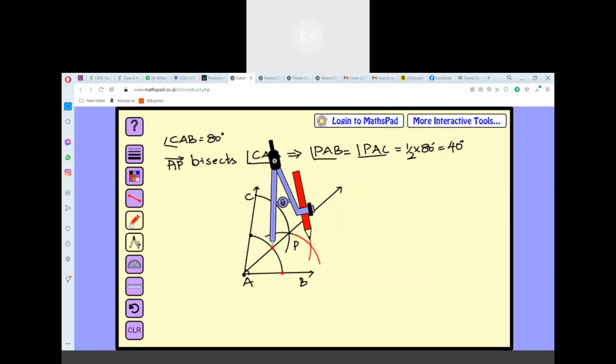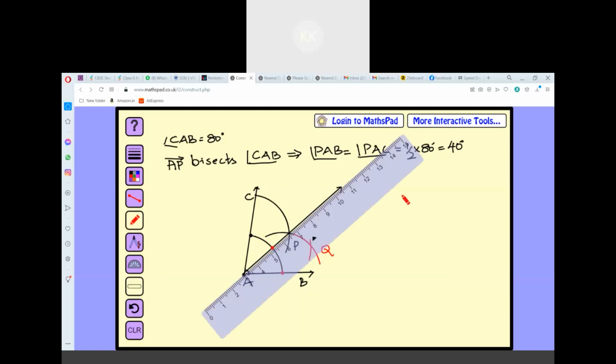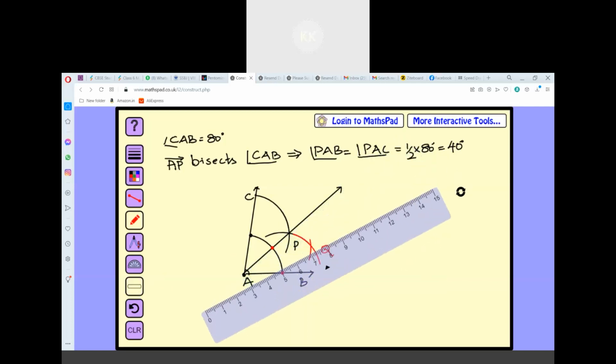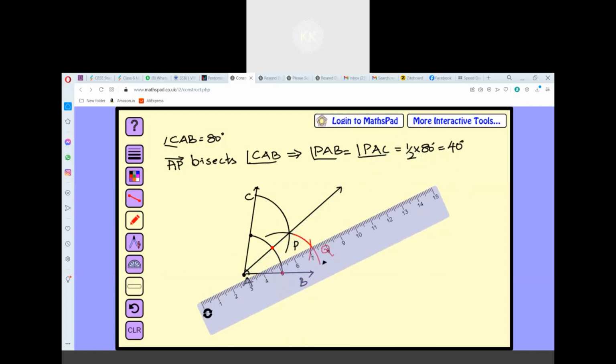Let us name this point of intersection as Q. Here I have named it as P. Next I will name it as Q. Now this A and Q you will join by means of a ray. So let me rotate this scale, bring it over here. Now I am making a ray AQ.